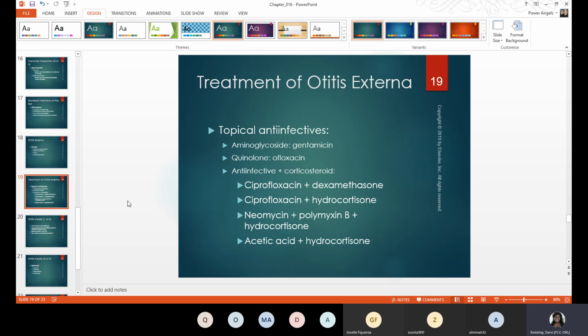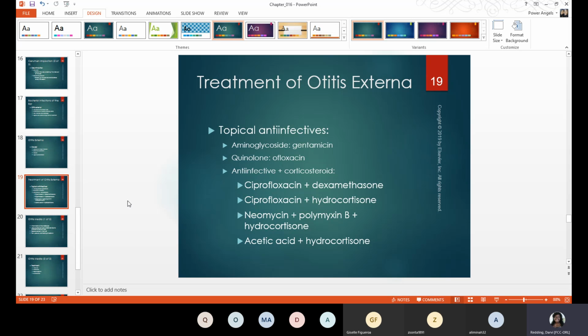Now, some other treatment of the otitis externa would include an anti-infective and a corticosteroid. So remember, the corticosteroid is going to help with inflammation and pain. So this would be like a combination drug. So an example of an anti-infective with a corticosteroid would be ciprofloxacin and dexamethasone.